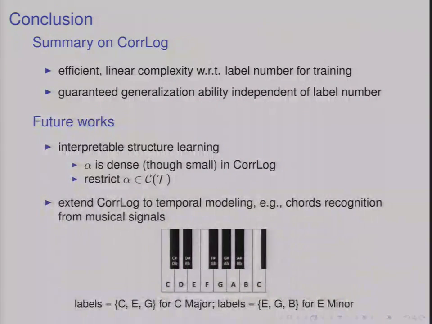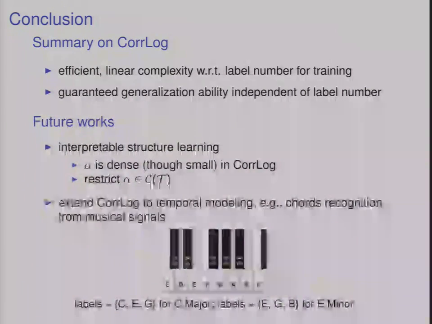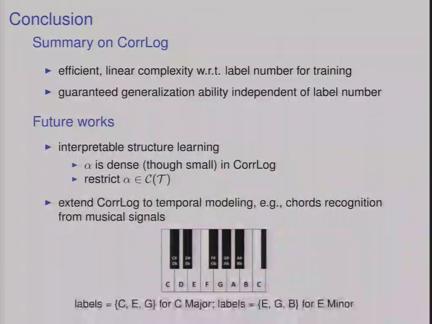But since it is dense, it does not have very good interpretation. So in future work, we want to restrict the alpha to belong to some interpretable model class, such as the tree class. And also, we want to extend CorrLog to temporal signal modeling, such that we can use it to do cause recognition from musical signals. Yeah, thank you. That's all.